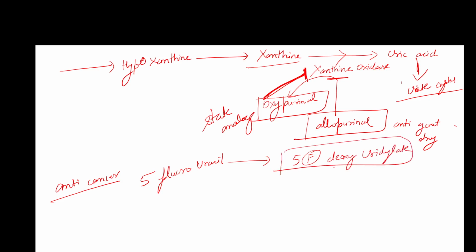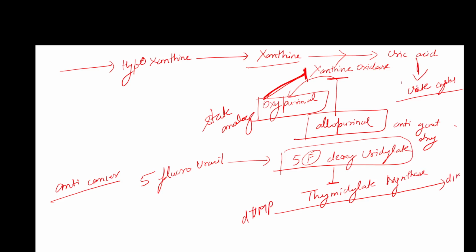And this can inhibit the enzyme thymidylate synthase, and thymidylate synthase converts dUMP to dTMP, thymidine monophosphate, which ultimately gets converted to deoxythymidine triphosphate and takes part in DNA synthesis.